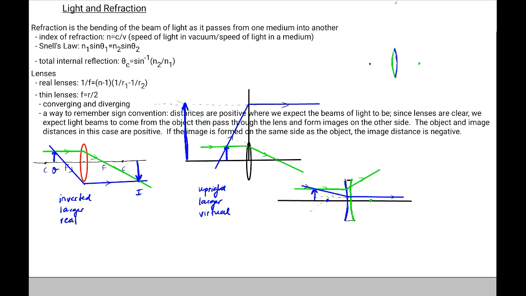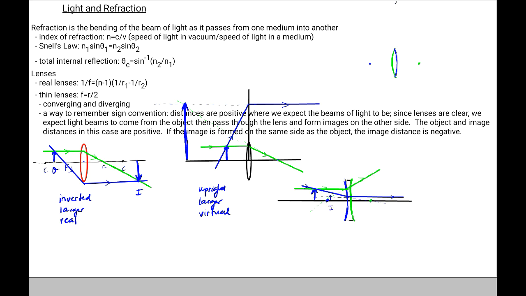And I also want to draw the dashed line for this just so we know which way the original incident beam was going. So the intersection of the refracted beams of this beam and that beam will be over here. So here is where the image forms.